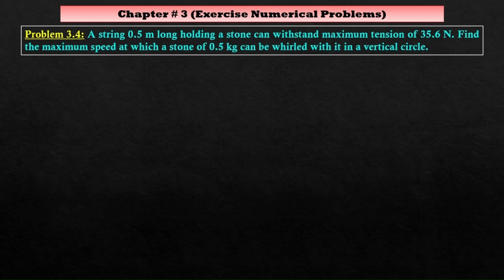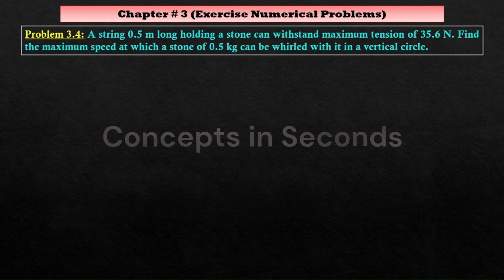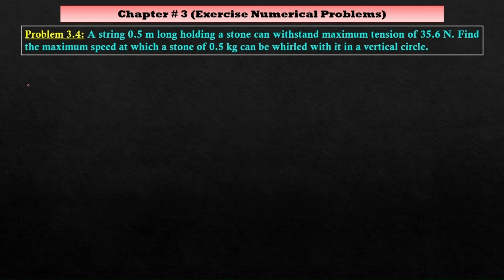Numerical number 3.4. A string 0.5 meter long holding a stone can withstand maximum tension of 35.6 Newton. Find the maximum speed at which the stone of 0.5 kilogram can be wheeled with it in a vertical circle.